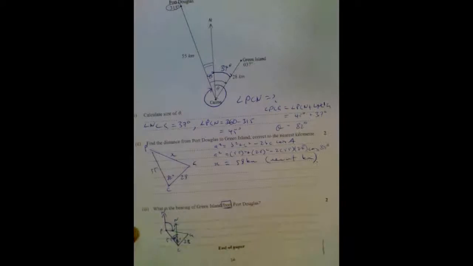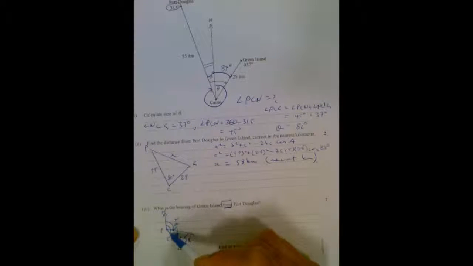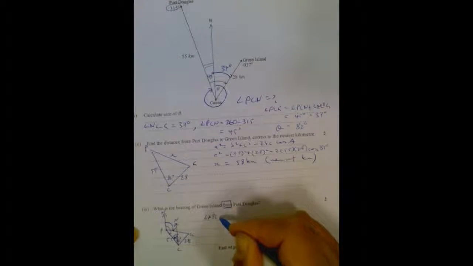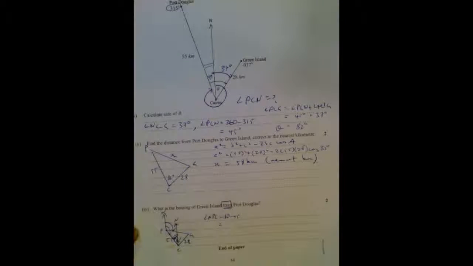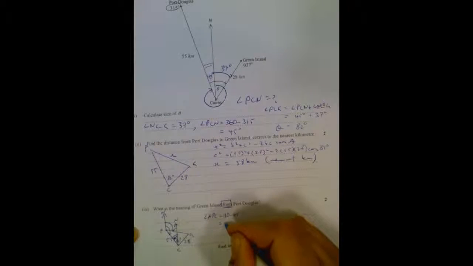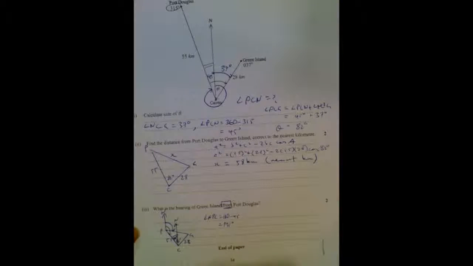When you've got a C shape, you're looking at co-interior angles, so angle NPC has got to be 180 minus 45, which is 135 degrees.